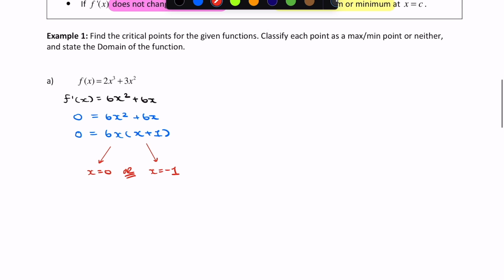Now we want to put them on our number line and examine the behavior on each side of the critical points. Here we'll draw our number line from negative infinity to positive infinity, and our critical points are at -1 and 0.